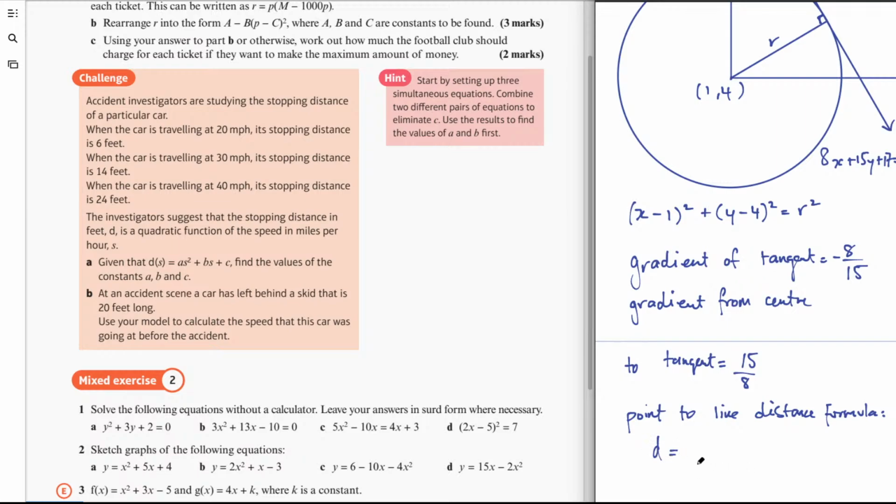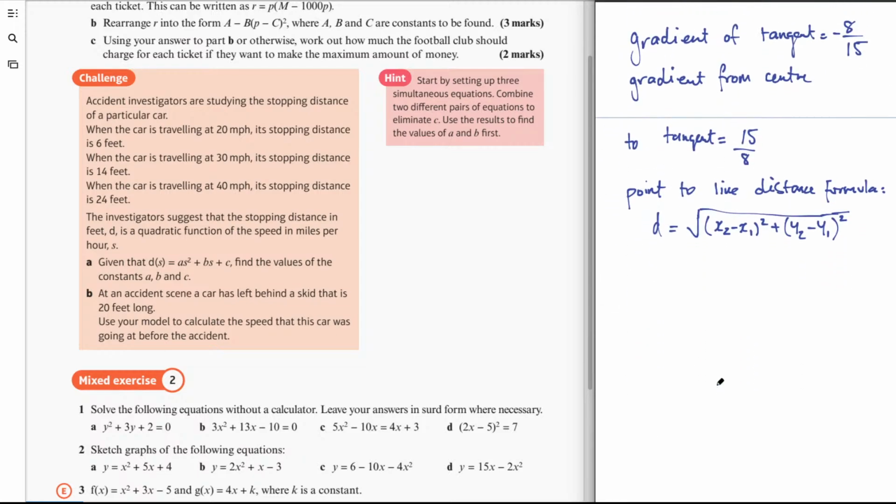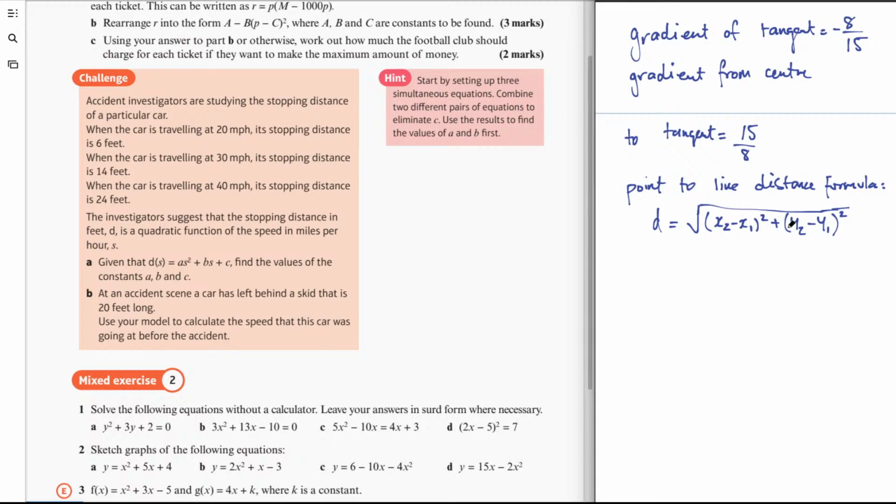So, okay, the distance formula is, as you say, x2 take x1 all squared plus y2 take y1 all squared. That's the distance formula between 2 points. Now, if the second point is represented by a line, it gets more complicated.